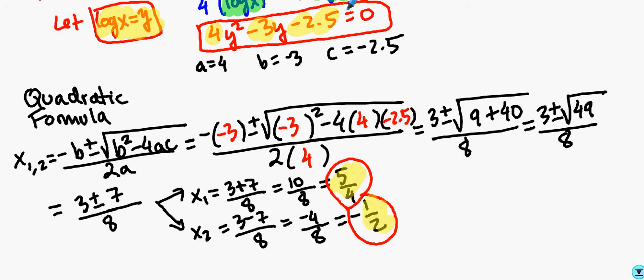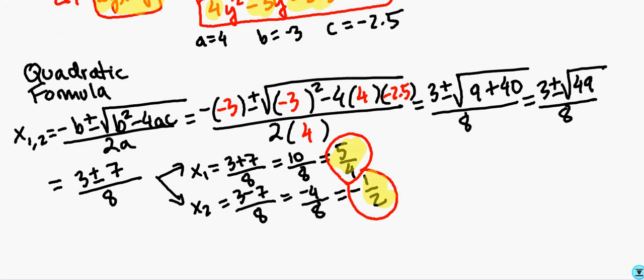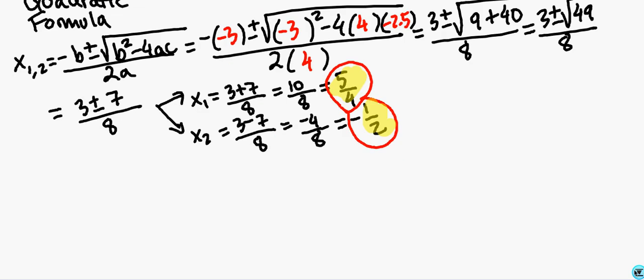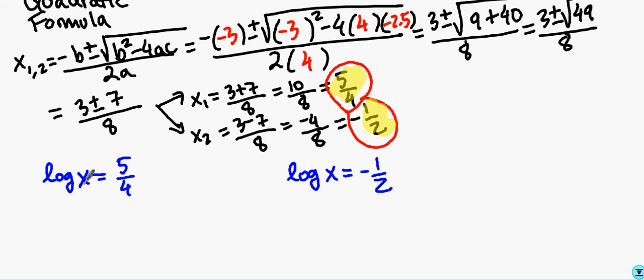So we're really saying that log x equals either 5 over 4 or log x equals -1/2. Well, the base is 10, so we're saying that 10 to the power of 5 over 4 equals x, or 10 to the -1/2 equals x.